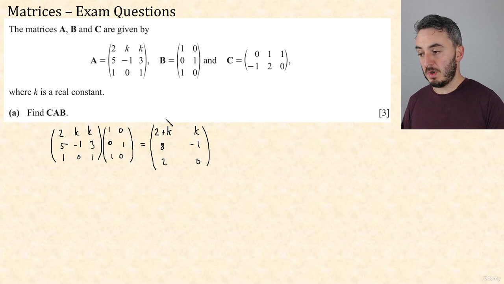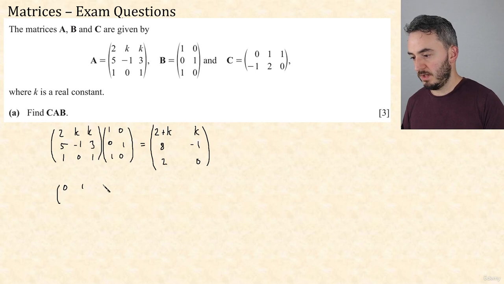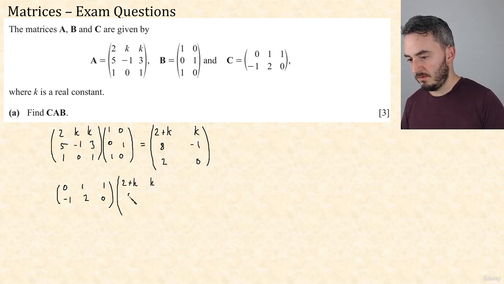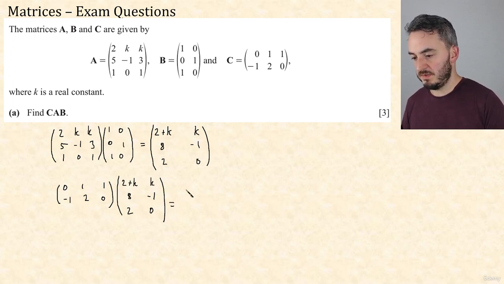So now I just need to left multiply that by C. So I'm multiplying C, which is 0, 1, 1, minus 1, 2, 0, by 2 plus k, k, 8, minus 1, 2, 0. Multiplying this out, what do we get? 0 plus 8 plus 2. 8 plus 2 is 10.